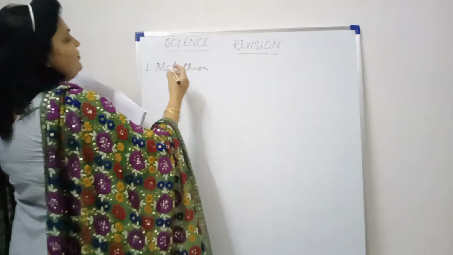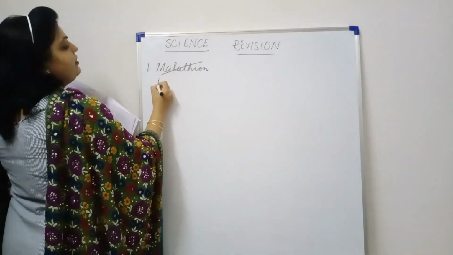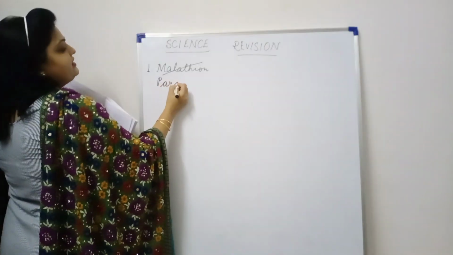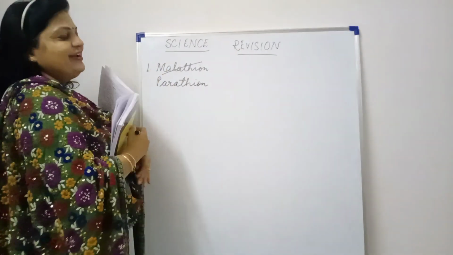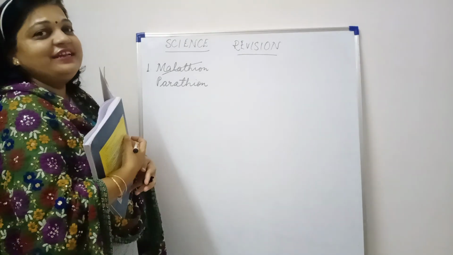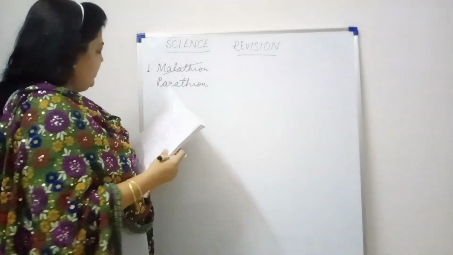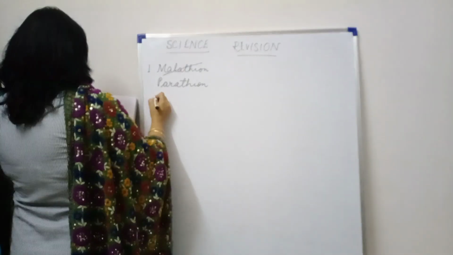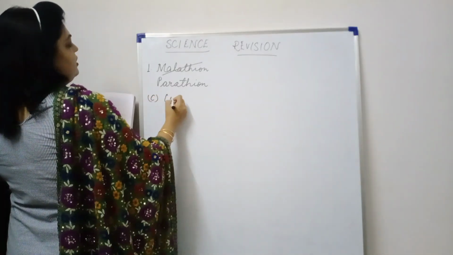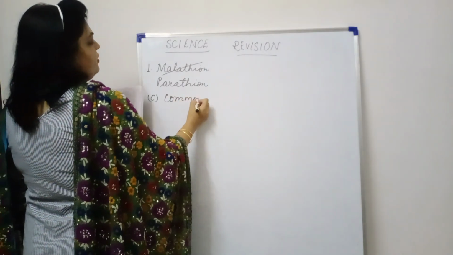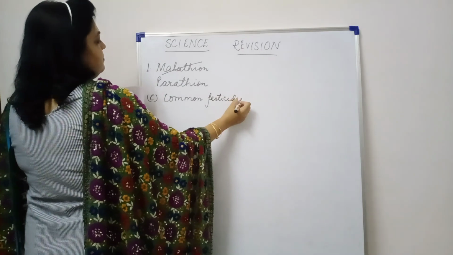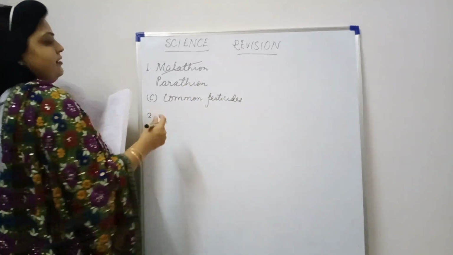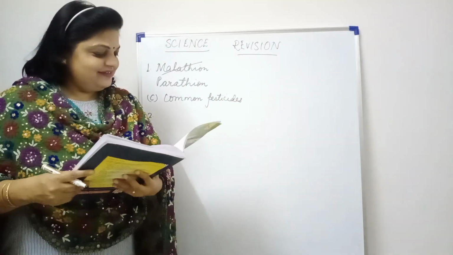So what we are going to do is, this option we are going to cut and we are going to give an example of insecticide. So we'll cut malathion and we'll write parathion, which is a pesticide. Okay. Then the answer will be C part, that is, all these are examples of common pesticides. Okay. Then switch over to next question.